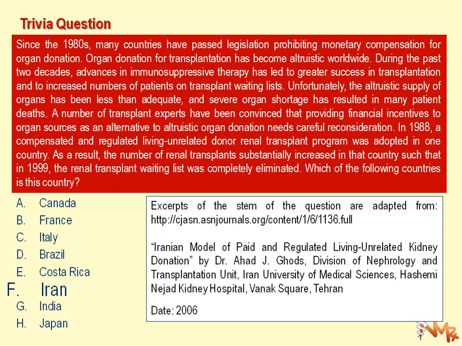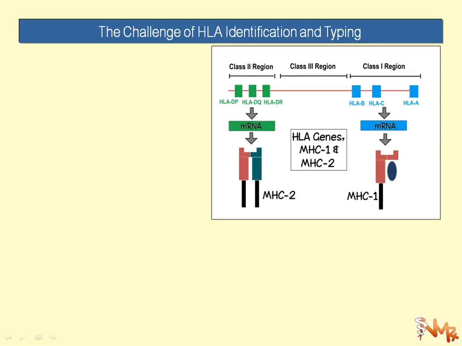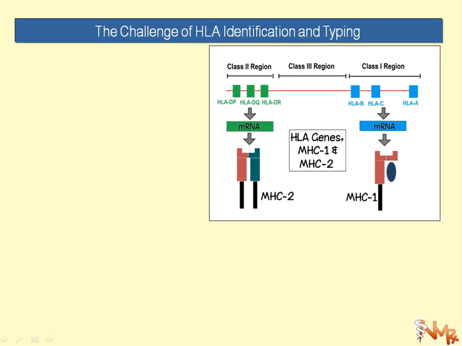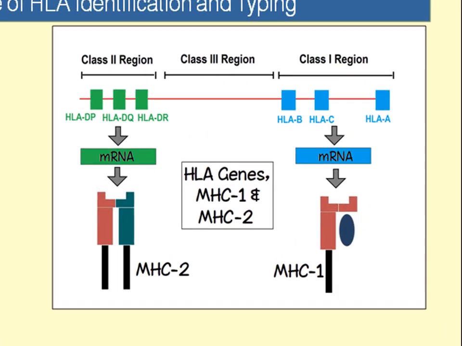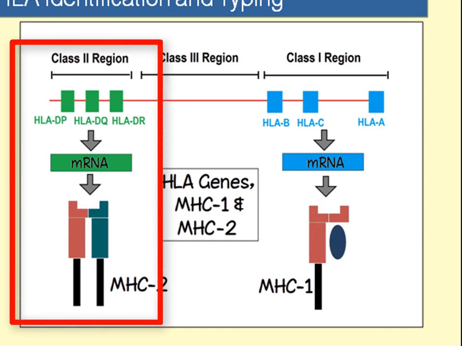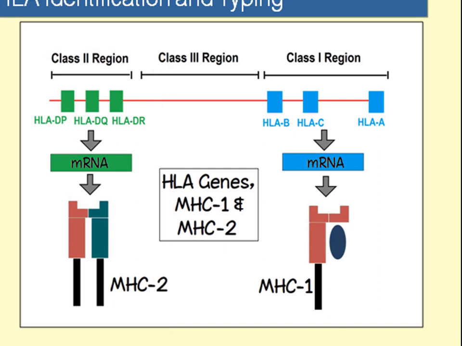There are so many challenges involved in HLA identification and typing. I'm just showing you this diagram again: HLA-DP, DQ, and DR, and also B, C, and A. The cells that have these genes first make the messenger RNA, and then they translate it into the special proteins for MHC2, and they present the MHC2 on the APC cells.